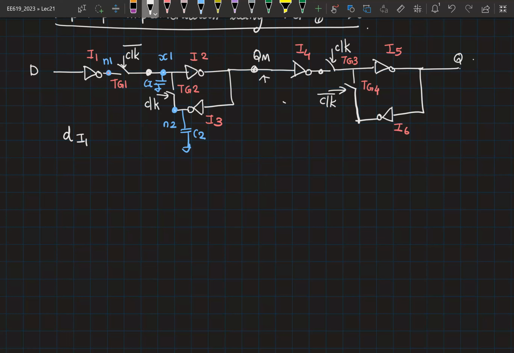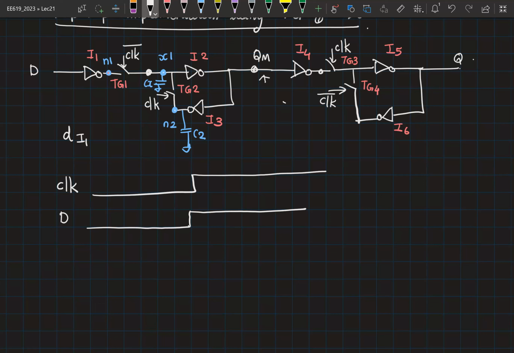Now, the plot that you have to do is, let's say you have a rising edge in clock, and the data is changing just before the clock edge, very close to it. You can assume that the data was 0 for all the clock edges before this. So this is the first rising edge in the data that is coming to you. Sketch N1, N2, and X1, and see if you are able to figure out what is the node that you should care about to determine the setup time.